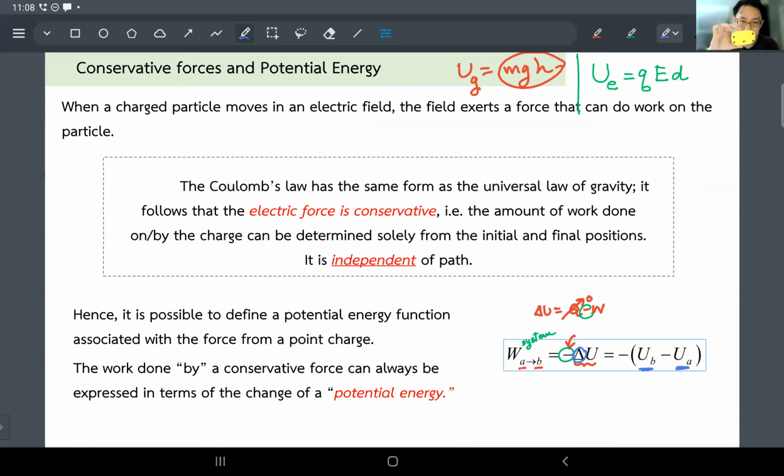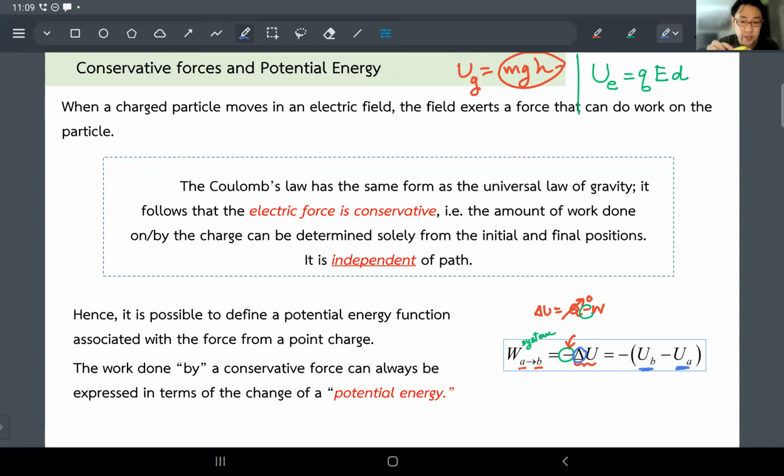When I let it go, it drops down to the floor. The bottom of my screen has lower potential energy, and the upper portion of my screen has higher potential energy. When I let it go, the potential energy of this mass is reduced, so the change of this potential energy is negative. You guys with me?